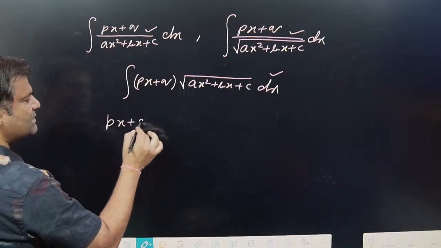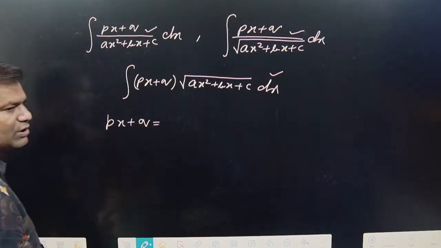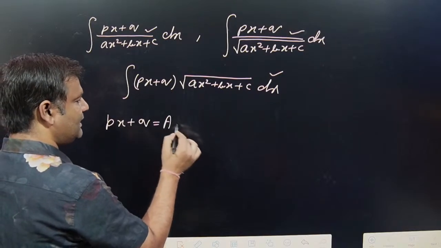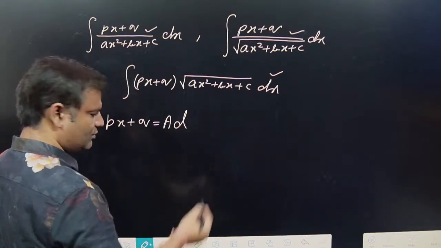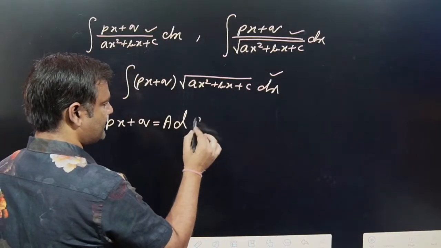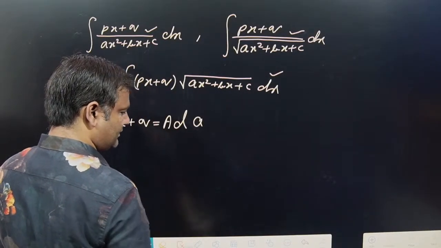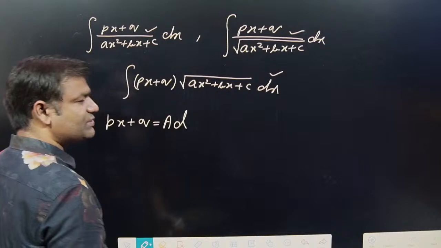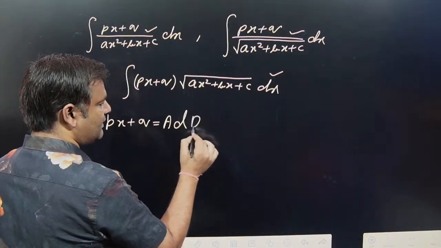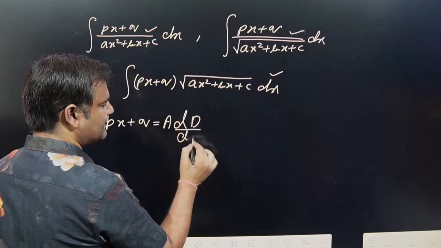always consider px plus q to be equal to, first of all, written capital A into, or lambda, the differentiation of the denominator, okay, differentiation of this quadratic equation with respect to x.